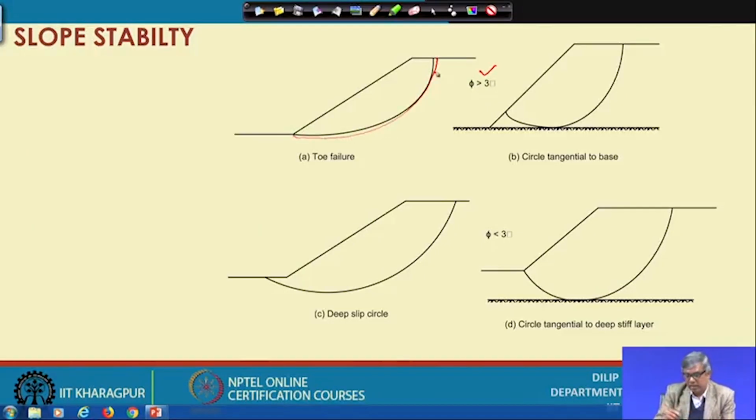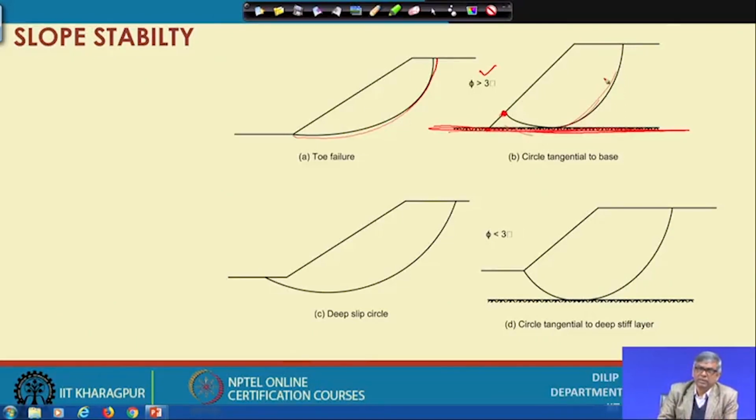Okay. And if there is a layer of steeper material at the base, then with the same condition, the failure will not come to the toe. Instead, it will become tangential and circular and reach above the toe. It will be something like that.